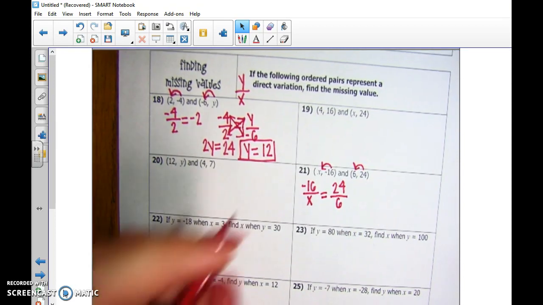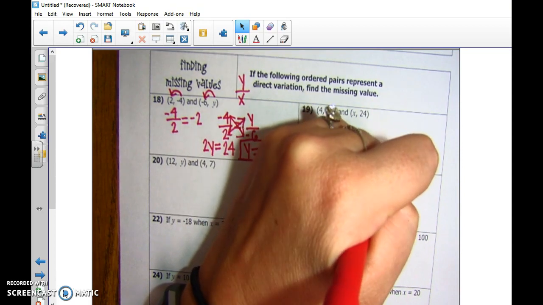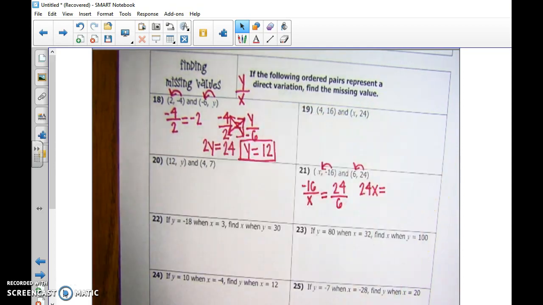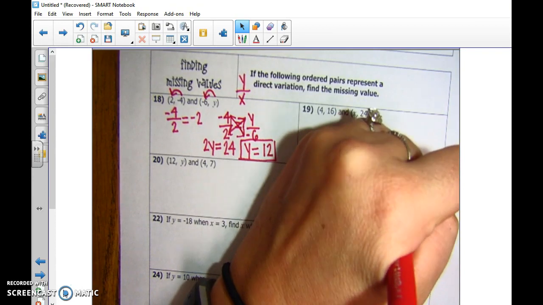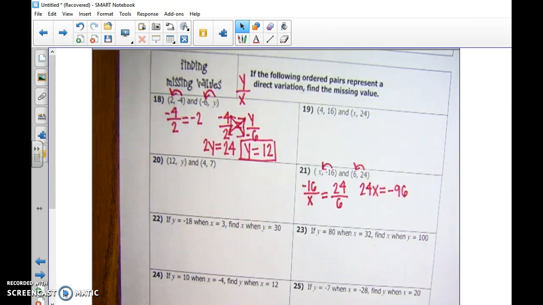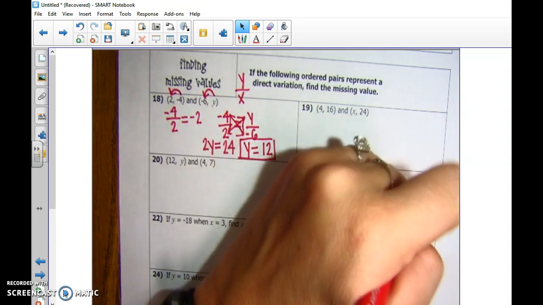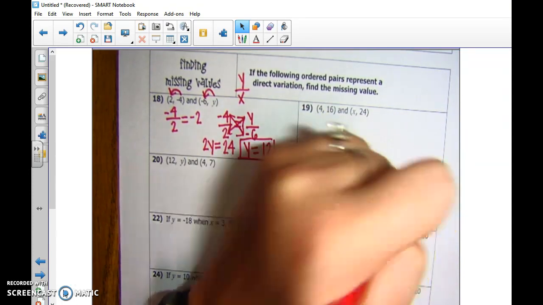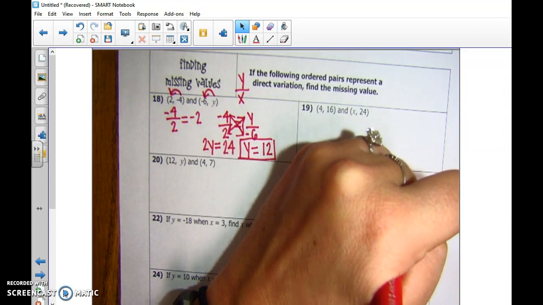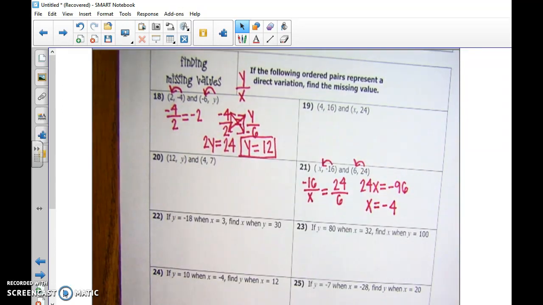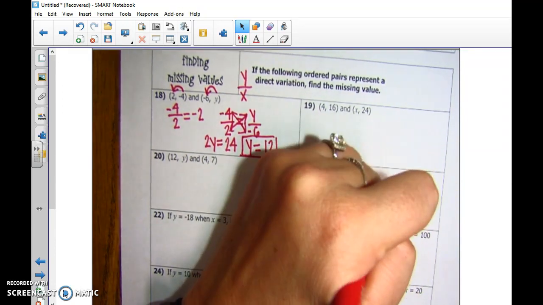So I end up with 24x equals negative 96. Okay, so then I will just solve that, and I know that x is going to equal negative 4.